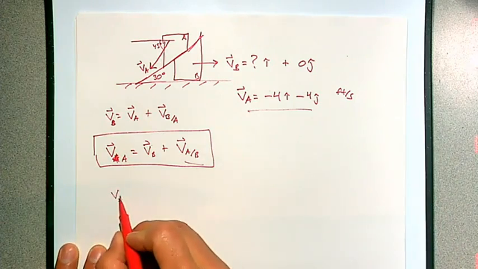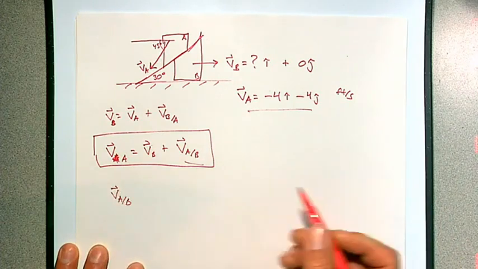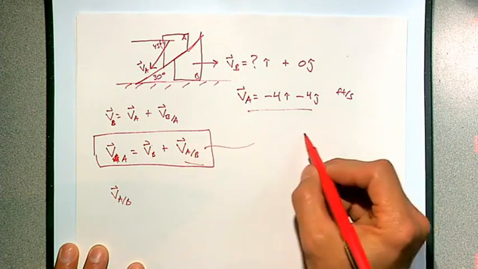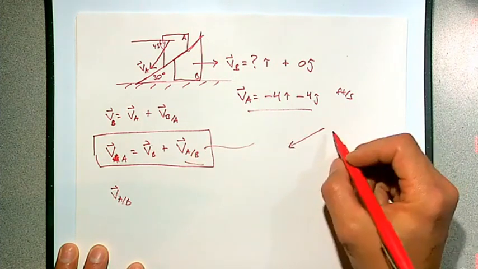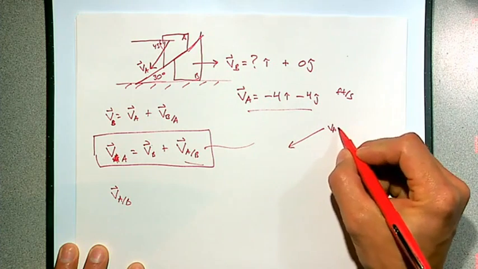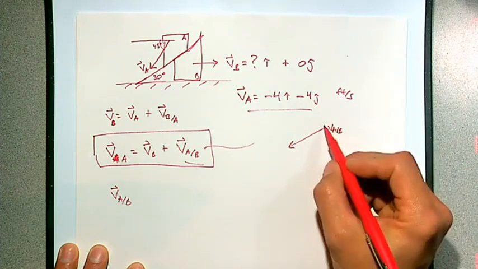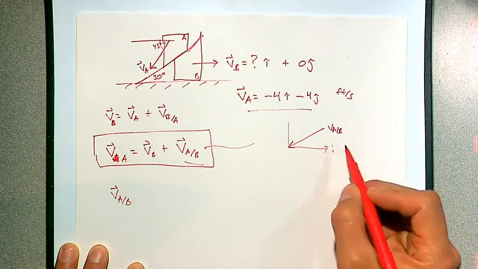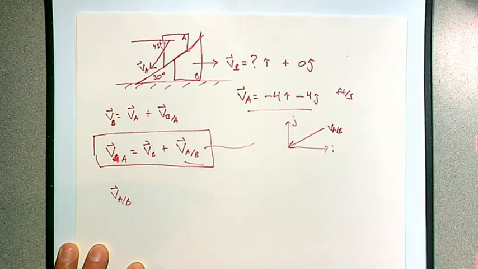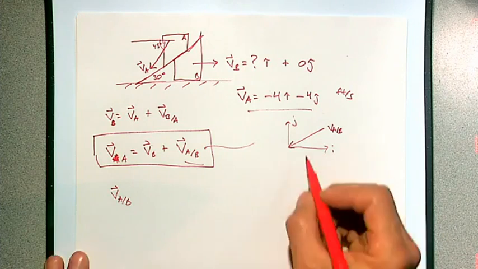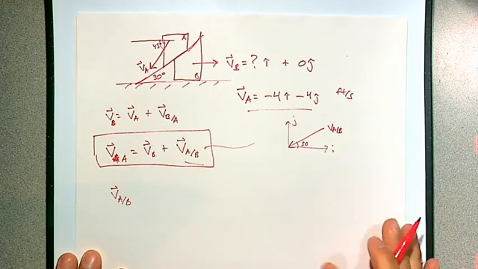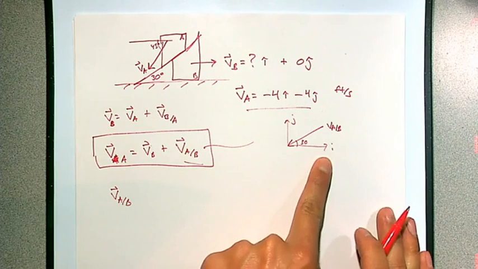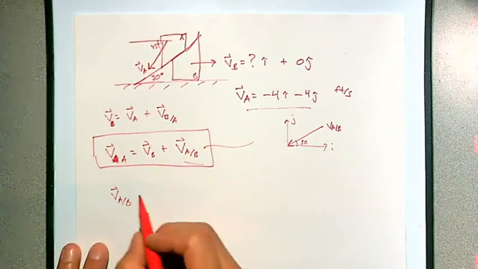So my velocity of A with respect to B, that's this guy, it's going to have some magnitude. And then it's got x and y components, right? And we know that angle is 30 degrees. This angle is 30. So in the x direction, it's pointing negative.